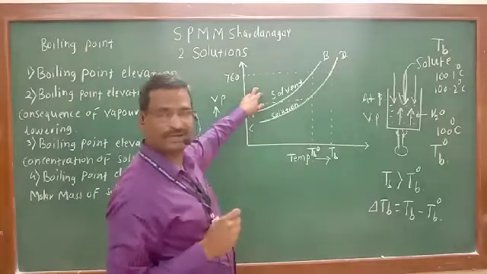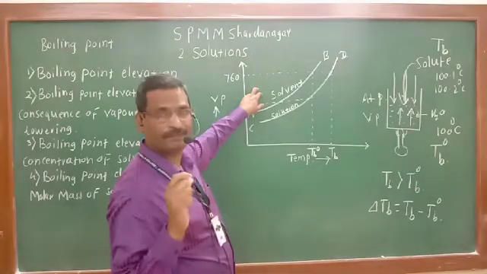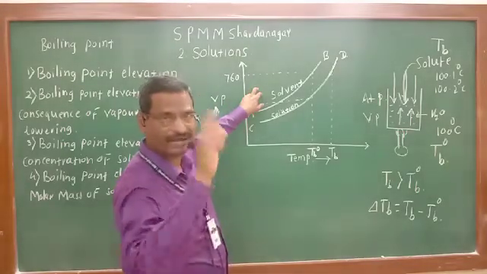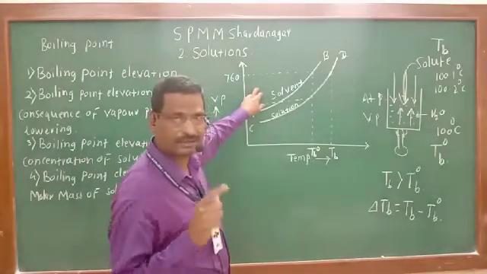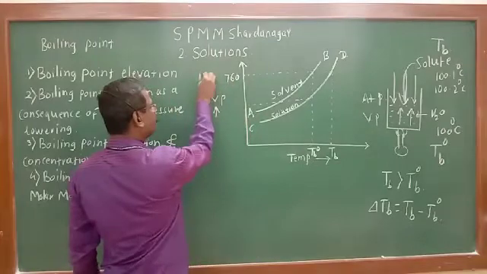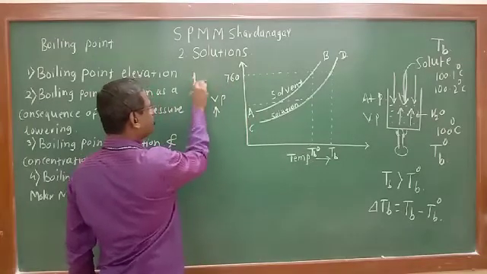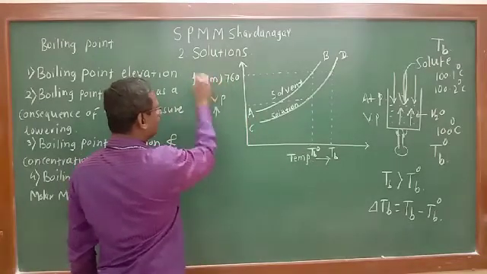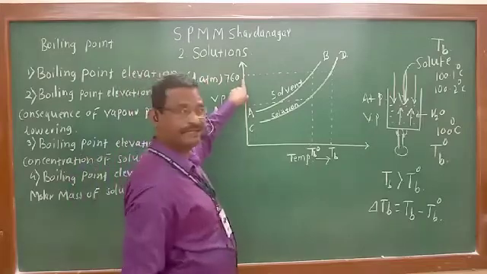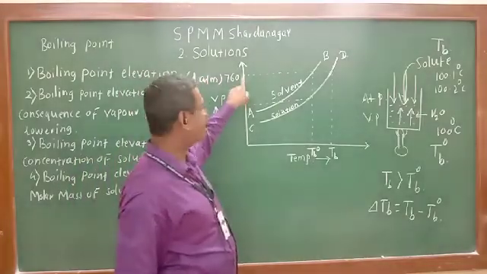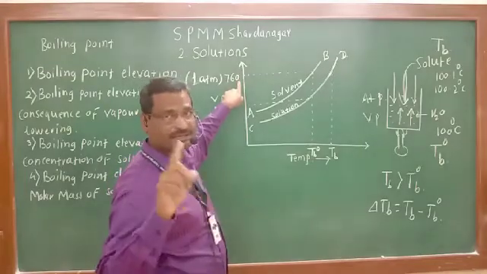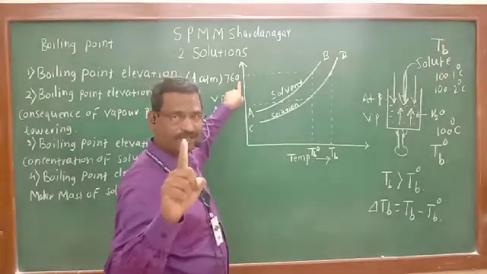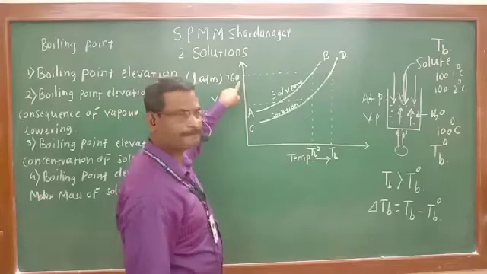It is the temperature at which the vapor pressure of the liquid is equal to external atmospheric pressure. What is external atmospheric pressure? 1 atmosphere, that is nothing but 760 millimeter. 1 atmosphere means 760 millimeter. That is the external pressure.